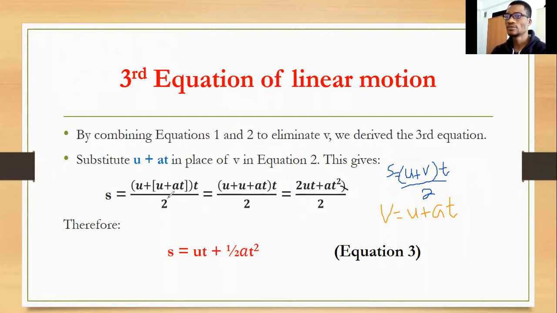Which means finally, therefore, our s is equal to ut. You can see this cancels this, take away 2, and then we have ut plus half at squared.